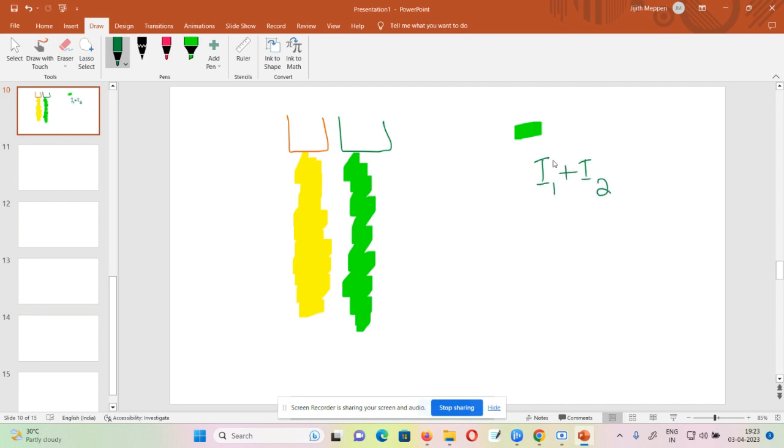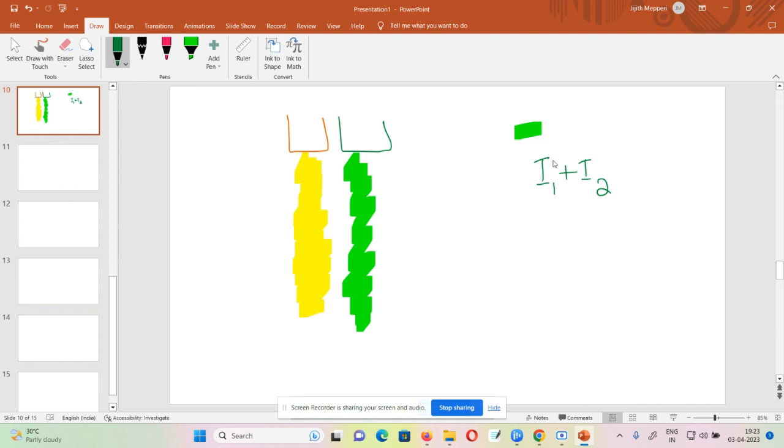This is what happens in normal life. If you light a bulb inside your room, your room will be filled with light. Then you light one more light. What happens in the room? The total intensity inside the room will be higher compared to your initial one.